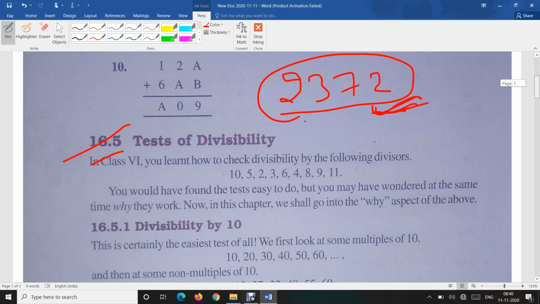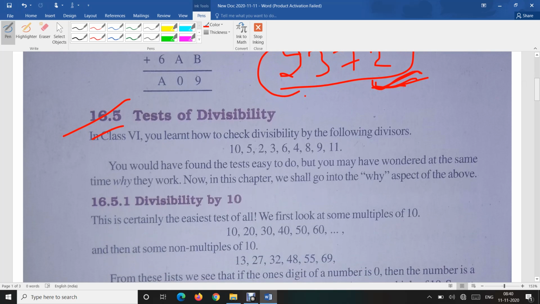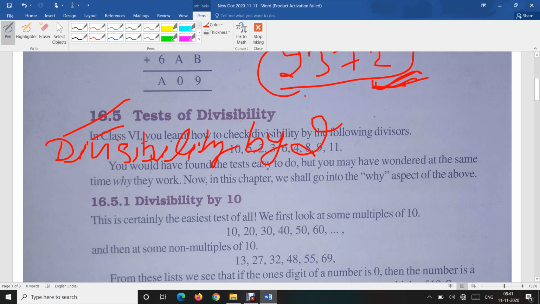Let us start with 2. The first number is 2. Let us start with divisibility by 2. How can we find whether any number is divisible by 2 or not?